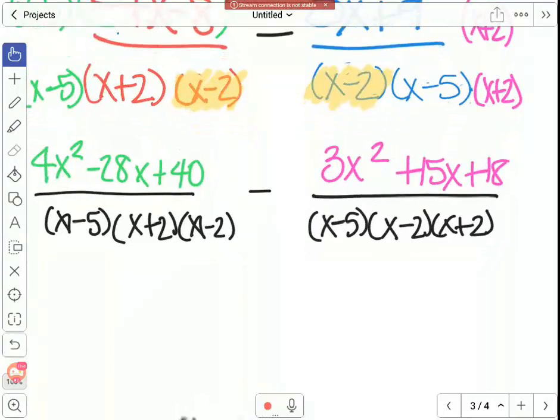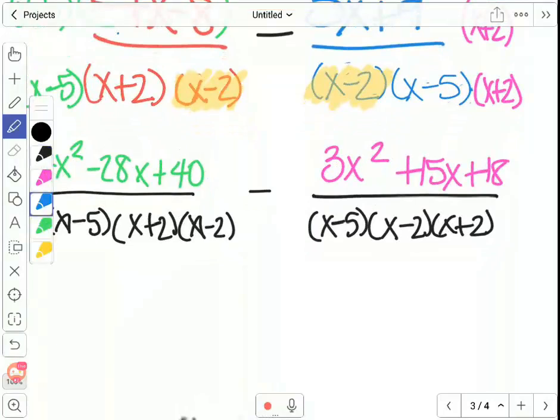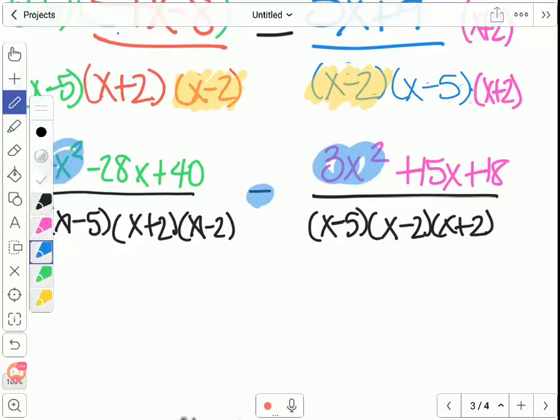So when we combine these together, we have our 4x squared that we can combine with our minus 3x squared, and 4x squared minus 3x squared is 1x squared, so I'll have x squared.